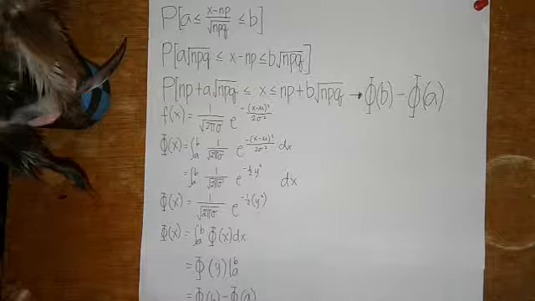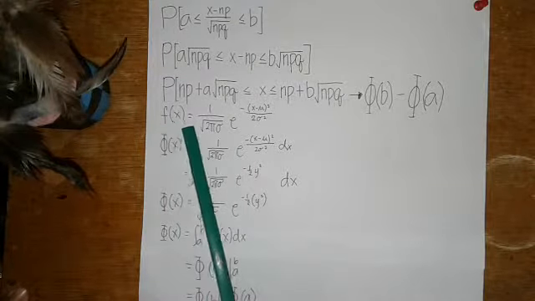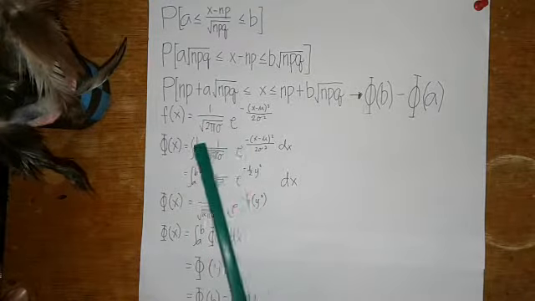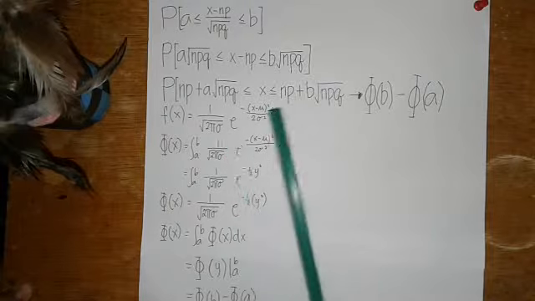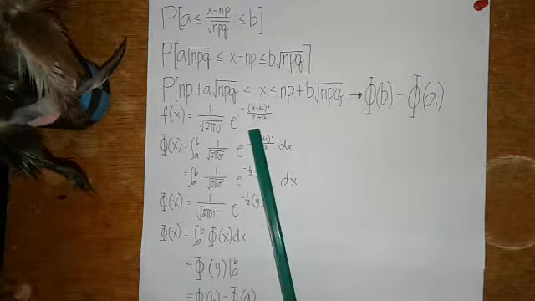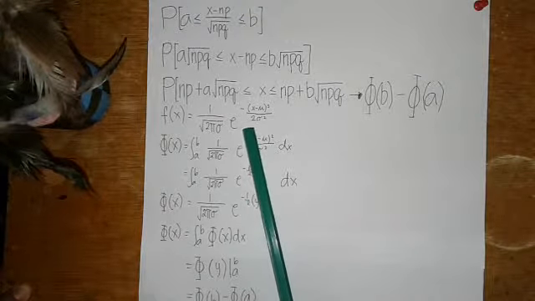So using our normal distribution formula, we have f of x is equal to 1 all over square root of 2 pi sigma times e to the power of negative (x minus mu) quantity squared all over 2 sigma squared.